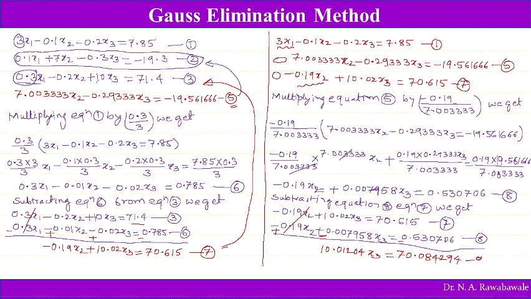So we get this as equation number 9. In this equation number 9 we have term x3, so this equation number 9 replaces equation number 7.